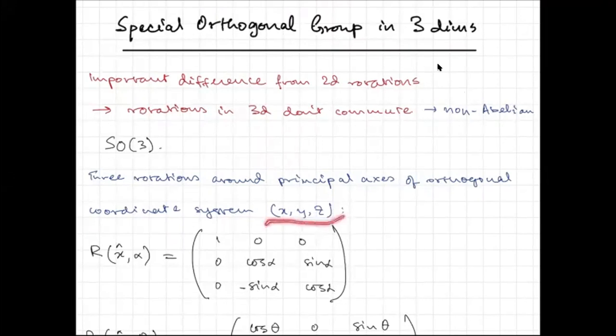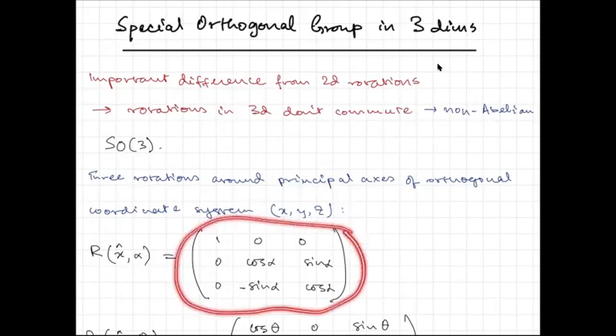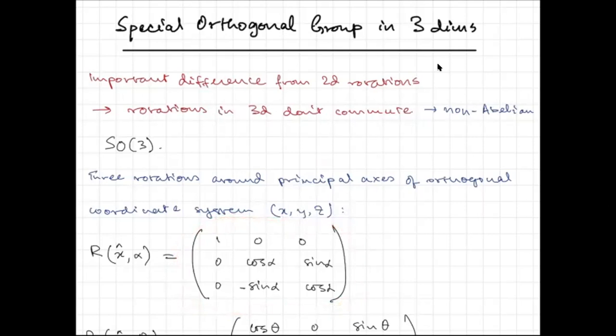We call these coordinate systems x, y, and z. So around x, R of x alpha is going to be given by this coordinate. So you have fixed the x and you are rotating in the y and z direction. So this keeps x fixed.